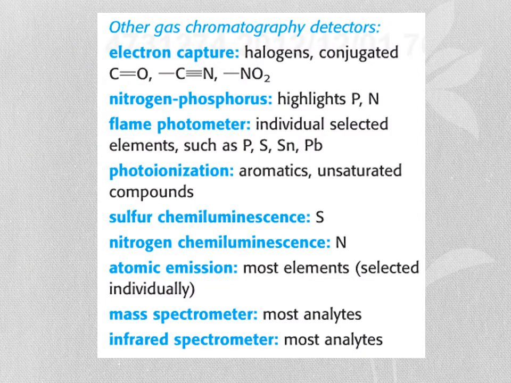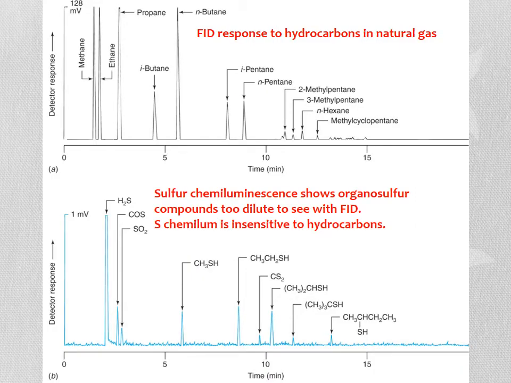Some other ones: we just talked about electron capture and flame ionization detection. The other things that are very specific: nitrogen phosphorus, as the name would tell you, does nitrogen and phosphorus. You can use spectroscopy, particularly chemiluminescence, which works for sulfur and nitrogen. And then also there's mass spectrometry, which is useful for most analytes.